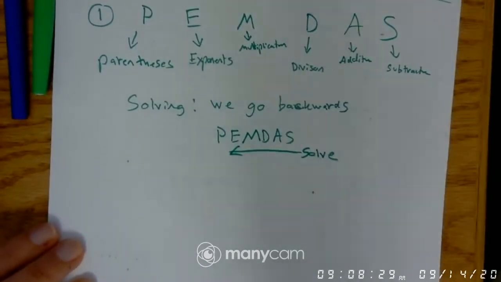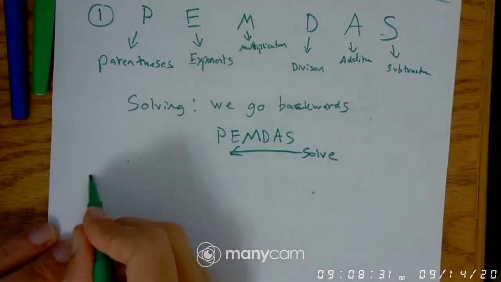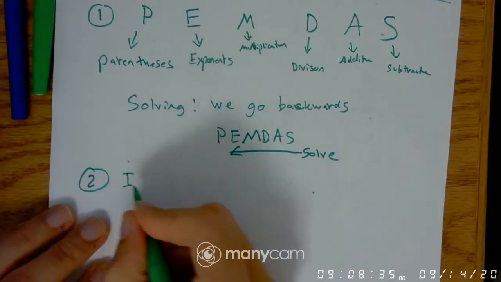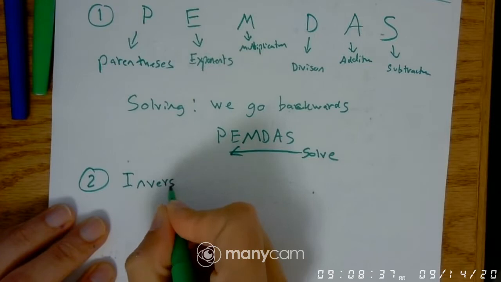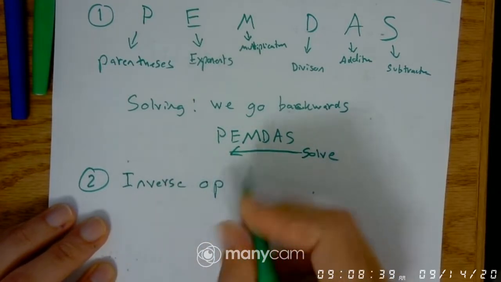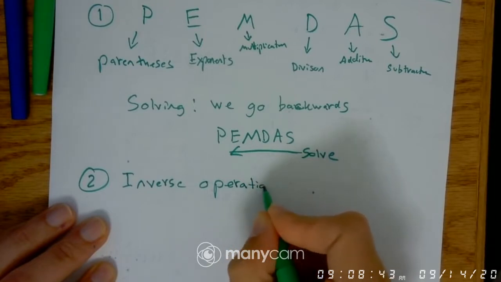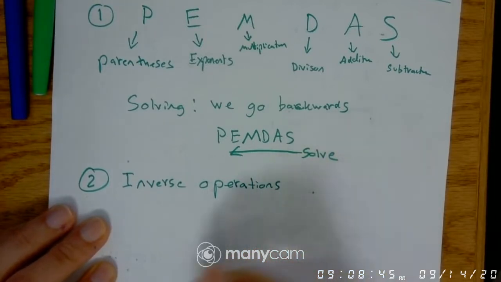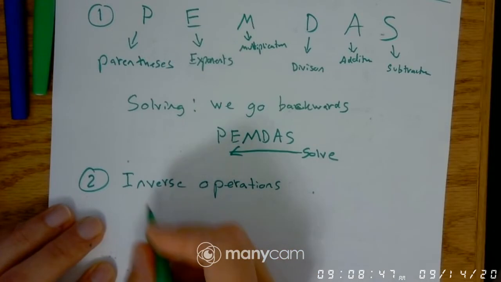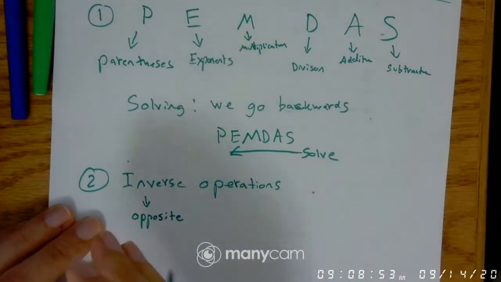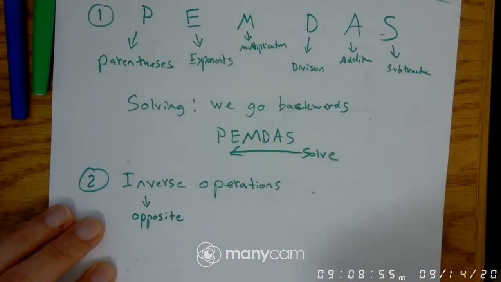The second thing to remember is that we're going to be using inverse operations. So this is what we talked about last class. Now, inverse operations sounds scary, but inverse just means opposite. The opposite of left is right. The opposite of up is down.